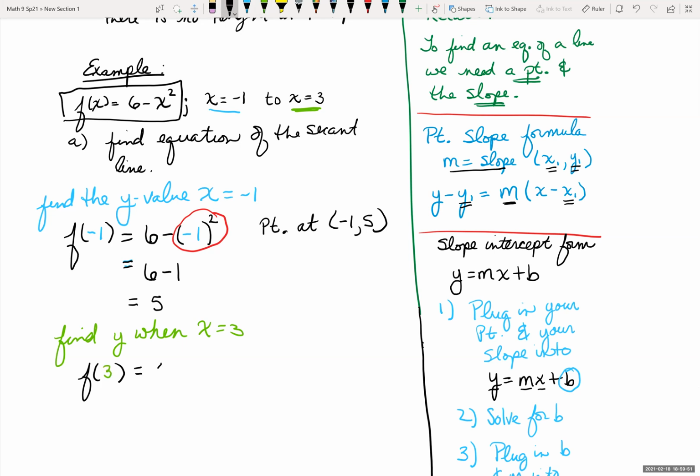And so we have 6 minus, I see an x, so parentheses, square that parentheses, and write 3 inside the parentheses. Order of operations, we have 6 minus 3 squared is 9. 6 minus 9 is -3. So we also have a point at 3, -3.